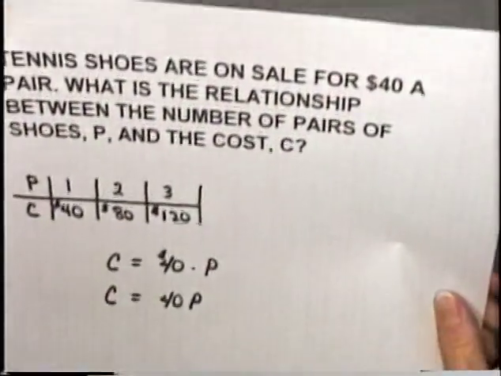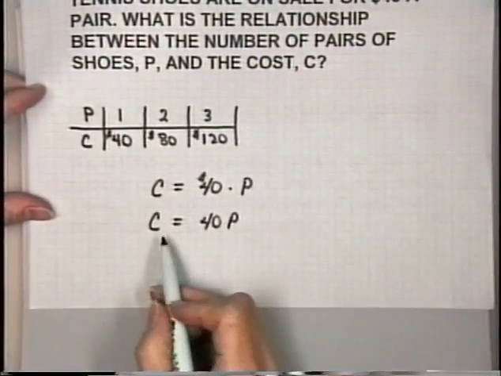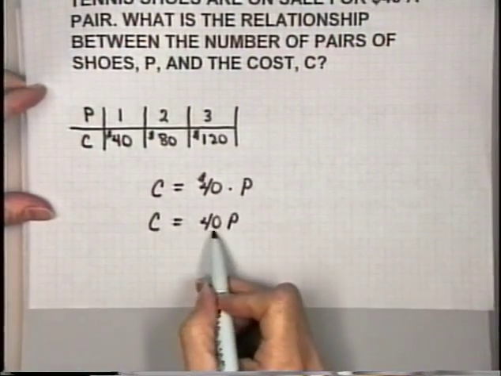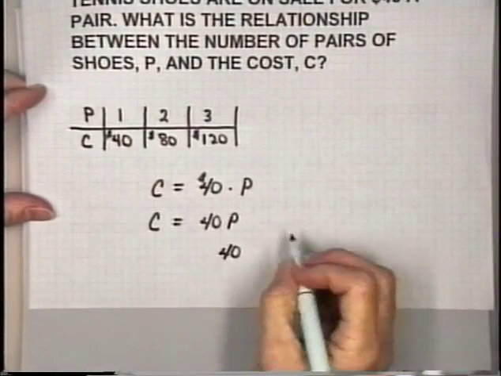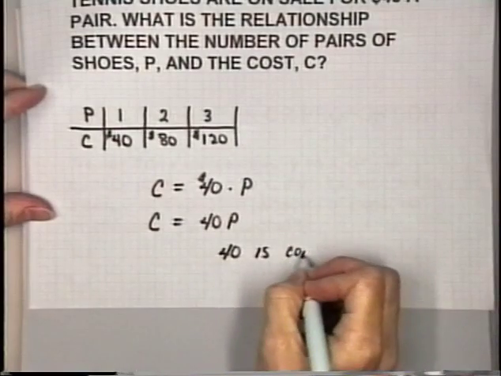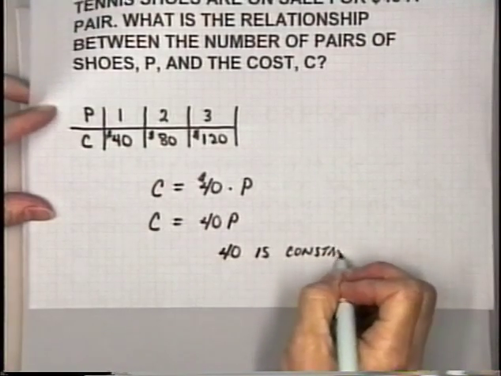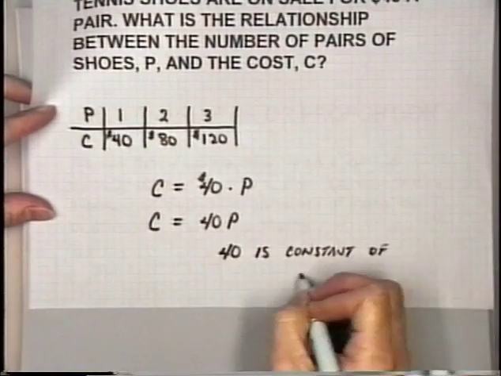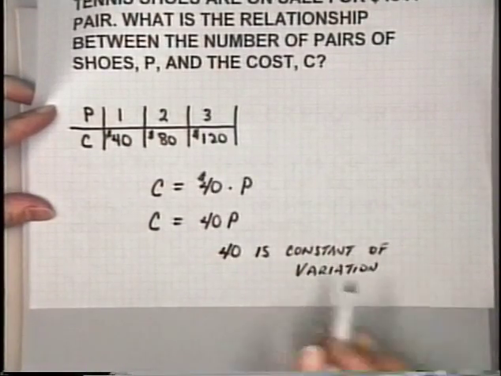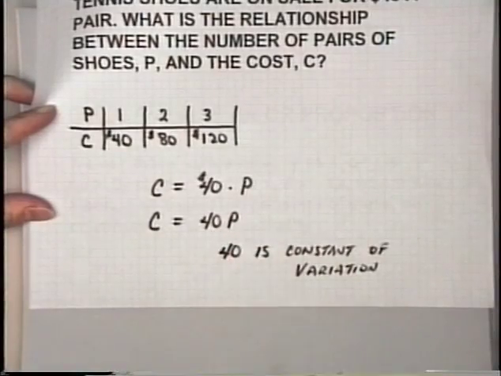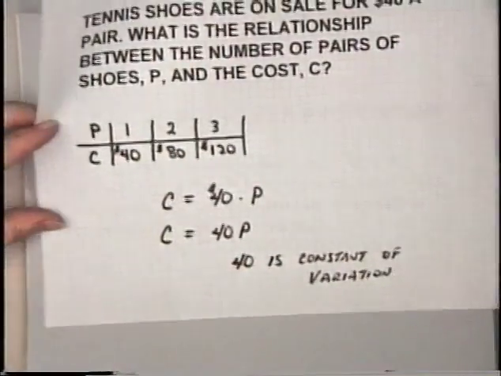In our problem we looked at a moment ago, we had that cost is equal to a constant times p. This constant, 40, is our constant of variation. And of course we can see then that cost is a multiple of p, 40 times p.